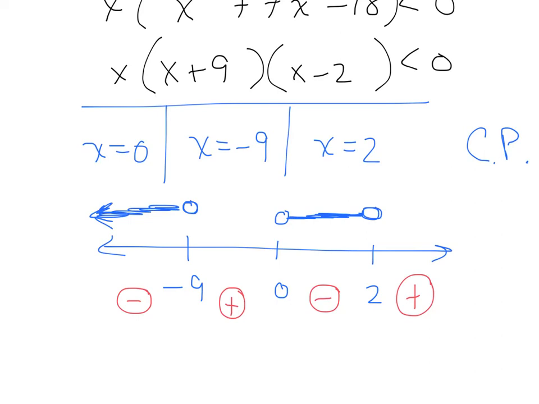Let's look at an example of difference or sum of cubes. First of all, what is a cube? Or perfect cube, I should say. Give me an example of a perfect cube. 8. Why? Because it's 2 cubed.